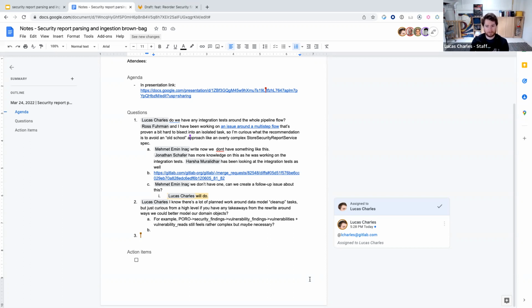It still seems pretty complex to go from POROs to security findings to vulnerability findings to vulnerabilities, and now we're adding the vulnerability reads. So is this where we want to end up in terms of how we're modeling those domain objects, or did that come up at all in terms of rewriting and how we can improve that, or is that the best thing we can do?